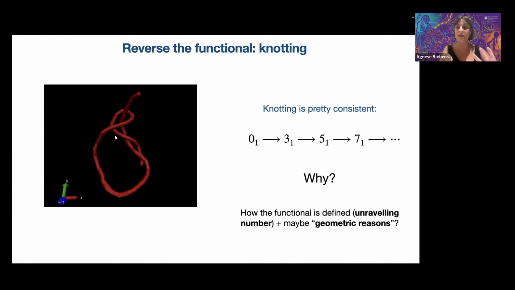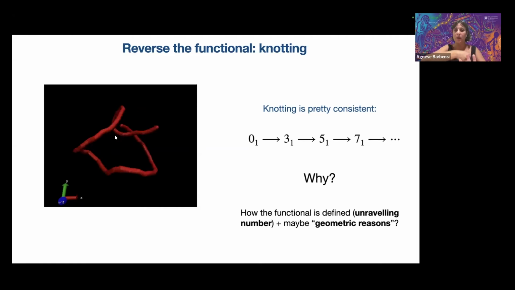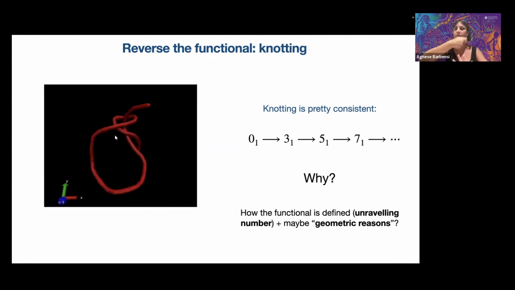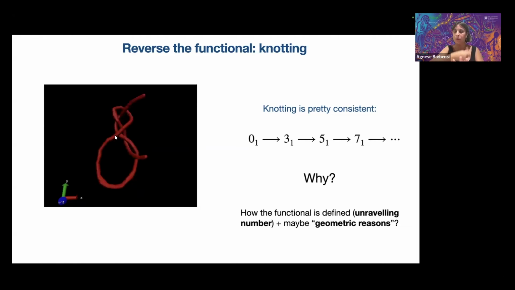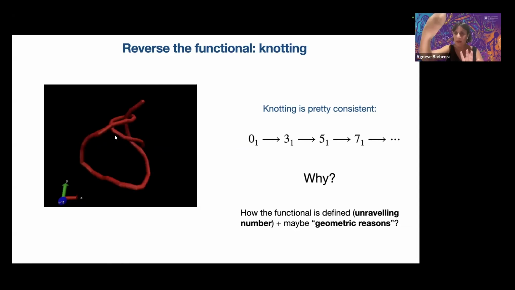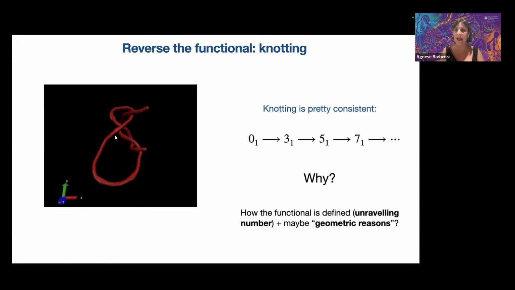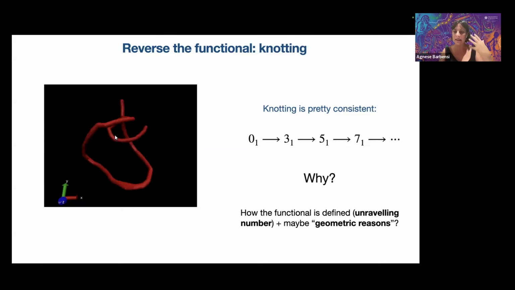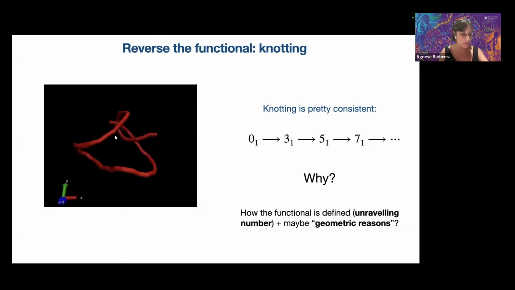Initially, we would have these very simple twisted loops that would promote, would push for this continuous piercing behavior and the formation of these, again, increasingly complex alternating torus knots.